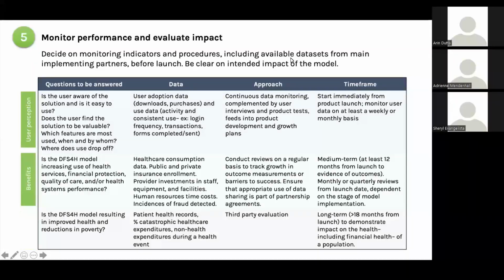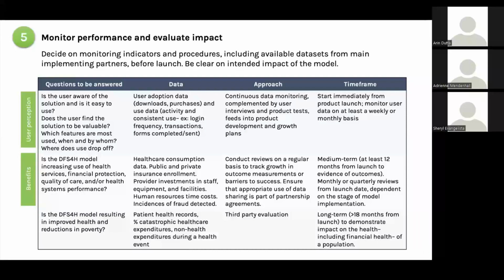And this should start immediately from when the product is launched, and then it should be monitored regularly. Second, how is this benefiting populations? So is the digital financial services for health model increasing uptake of health services? Do people have greater financial protection through savings and insurance? Are clinics and pharmacies investing in their own capacity to provide care? And how are health systems able to save money and administrative costs?